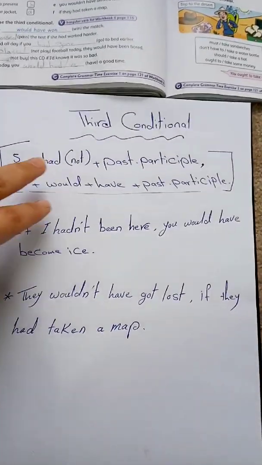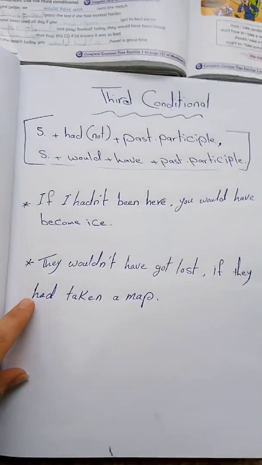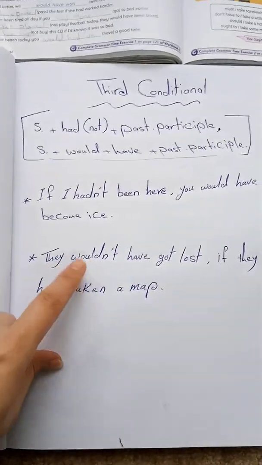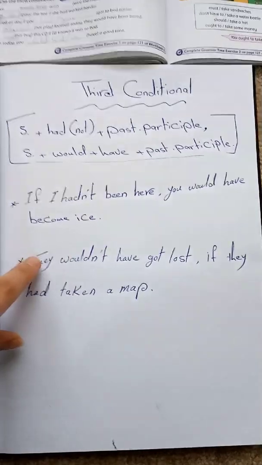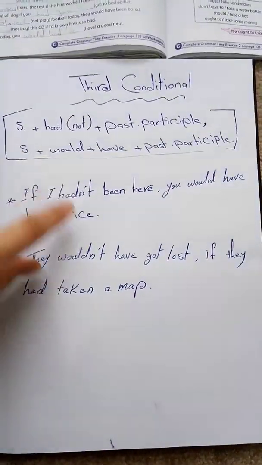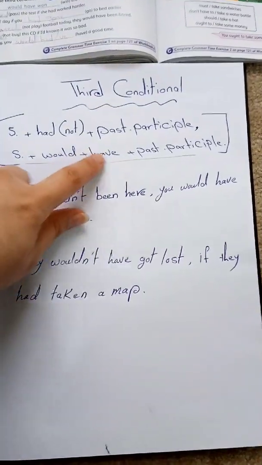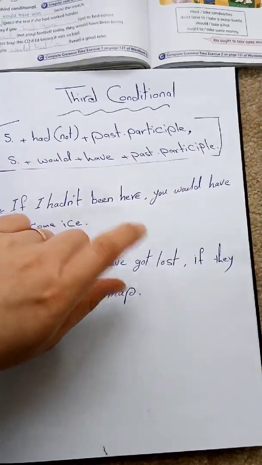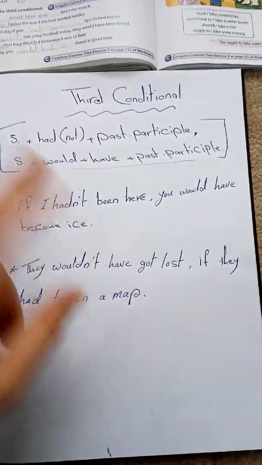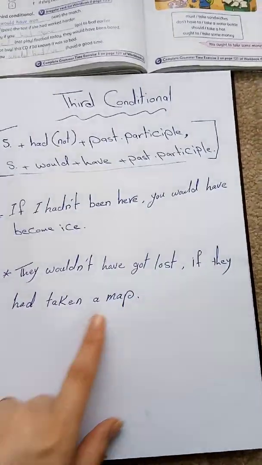When we want to change the places, we have this example. They wouldn't have got lost. They, subject, would or wouldn't, and have, and past participle, got lost. The second rule, if they had taken a map.